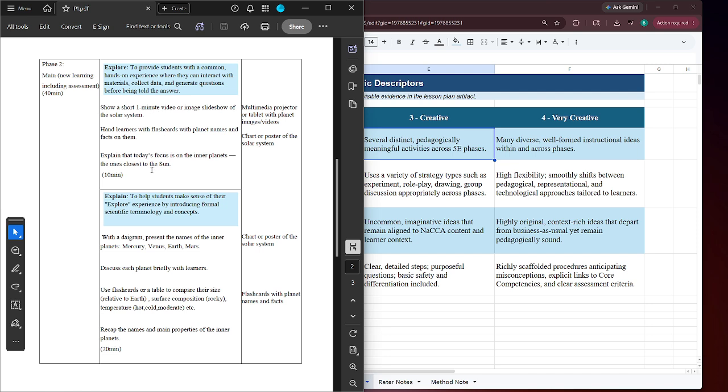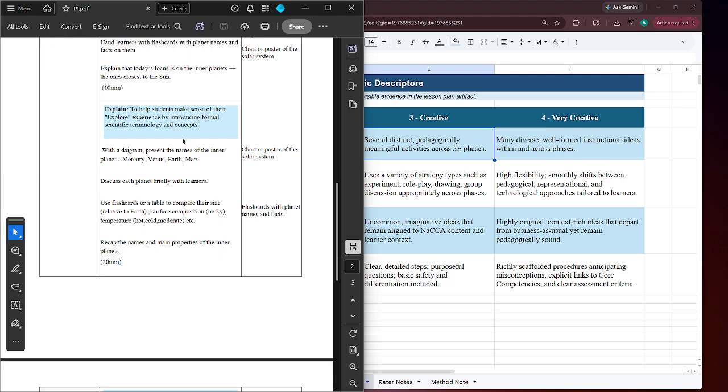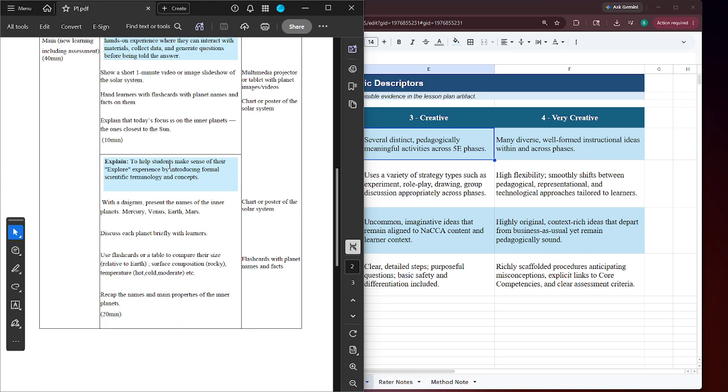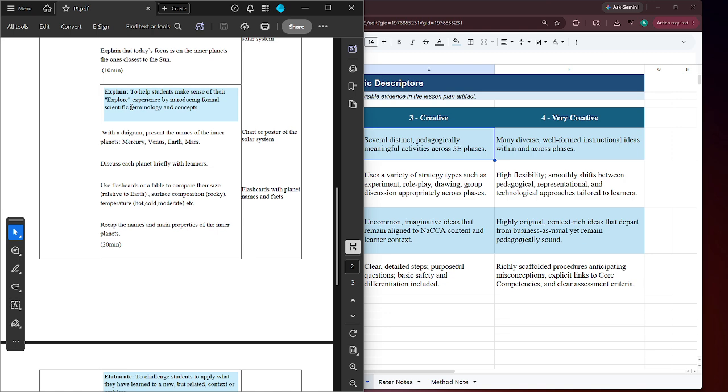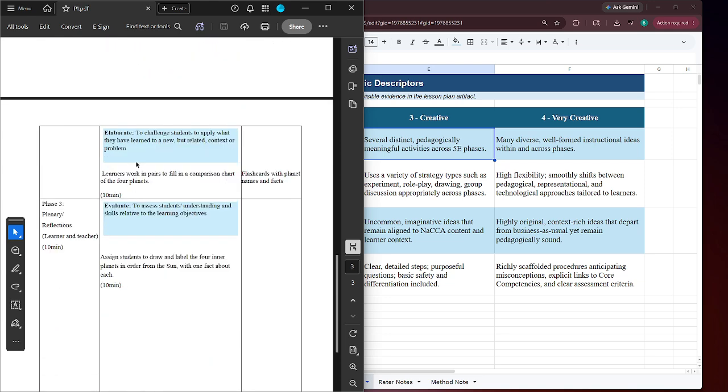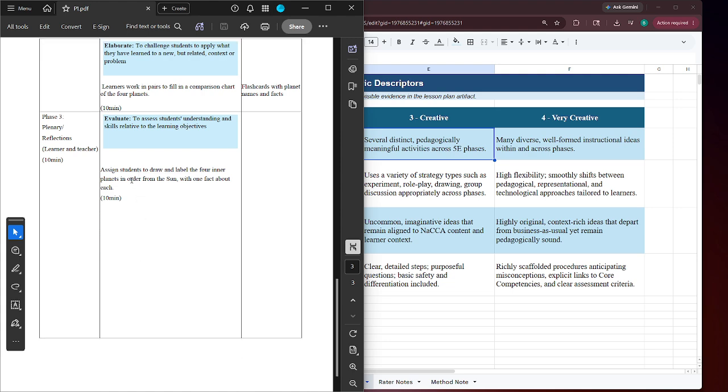So in the explore phase, I think there were other meaningful, diverse ideas, right? But then it didn't cut across all the phases. And then in the explanation phase, you use diagrams, you did a discussion, you use flashcards. And then for the elaborate phase, there was only one activity, learners work in pairs to further comparison chart. So evaluate phase.